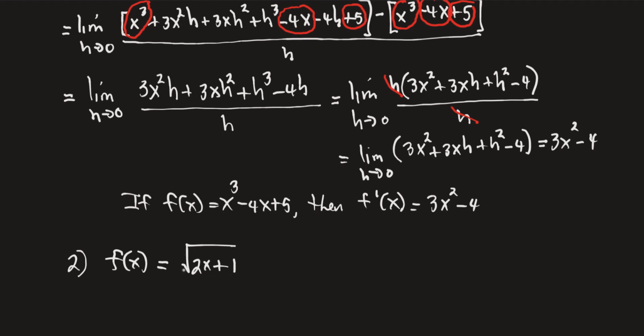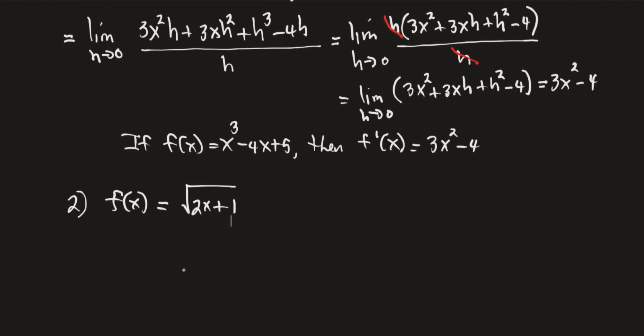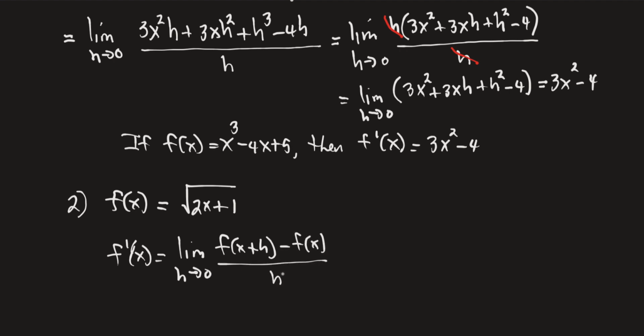We probably are going to end up having to do some kind of rationalizing in this process. All right, so let's write down our derivative. It is the limit as h approaches 0, f of x plus h minus f of x over h, right?